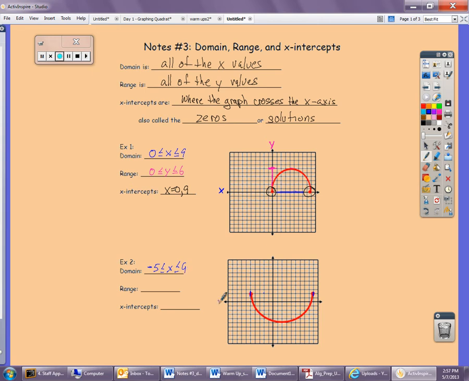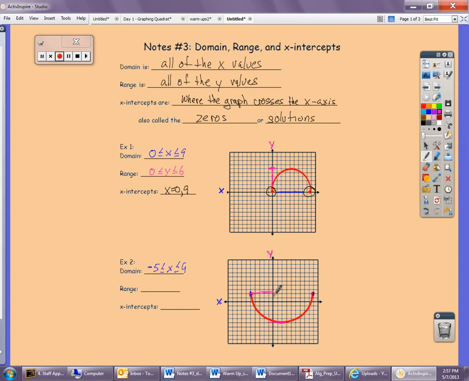The domain is our x, the range is our y. So the range is the y values. The y values go all the way down here, and then all the way up to here.